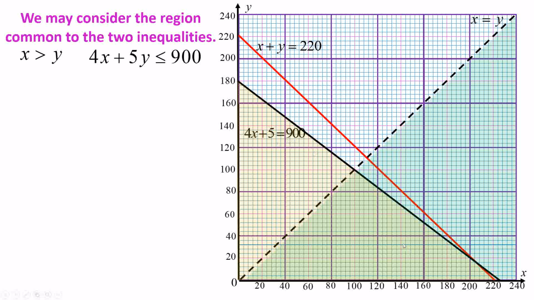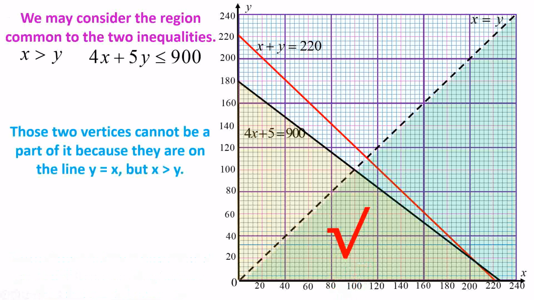When we shade those two regions, we see that the common region is the one that we have shaded right here, the one that is a part of the shades of both of the inequalities. Then that's not very difficult to see. So this is the region that satisfies both of these inequalities, that region.